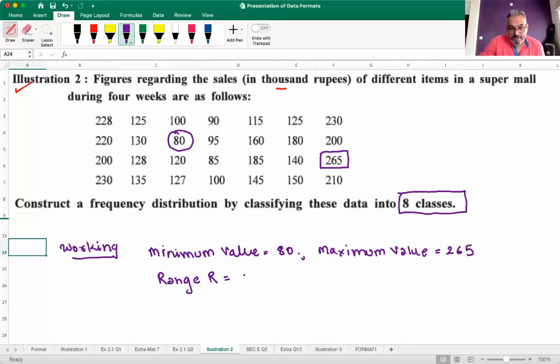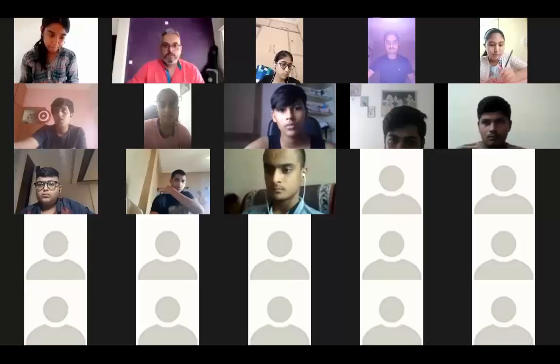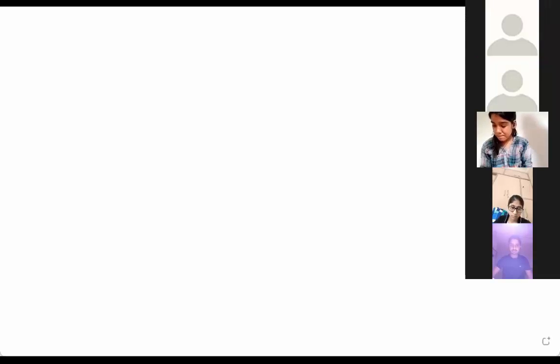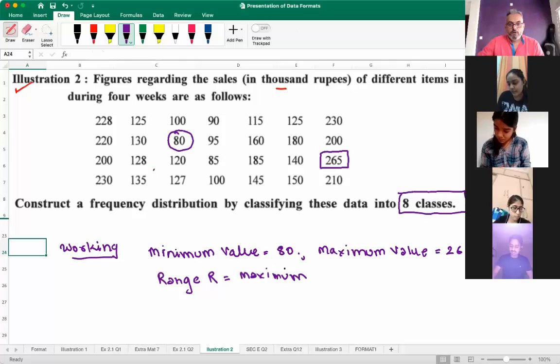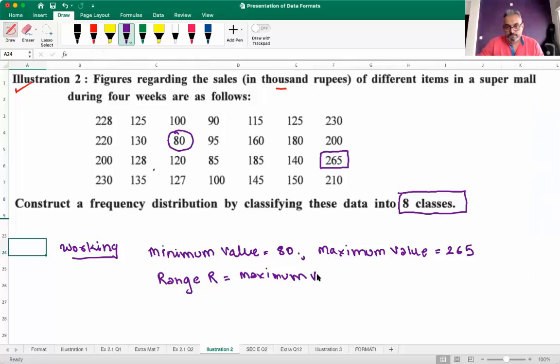So range is maximum value minus minimum value, which is equal to 265 minus 80, which is equal to 185.